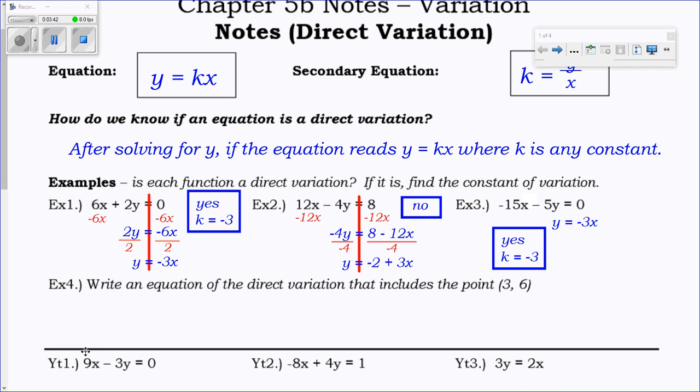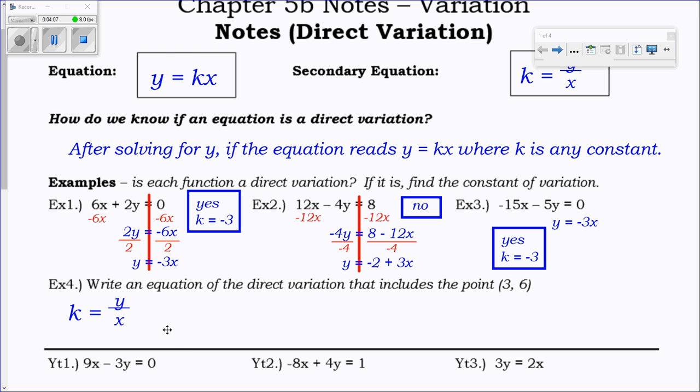All right, the last example on this page: write the equation of a direct variation that includes the point (3, 6). When I say write an equation, that means I want the original equation, but we're going to use the secondary equation to help us out. So I'm going to start with the secondary equation, k equals y over x.